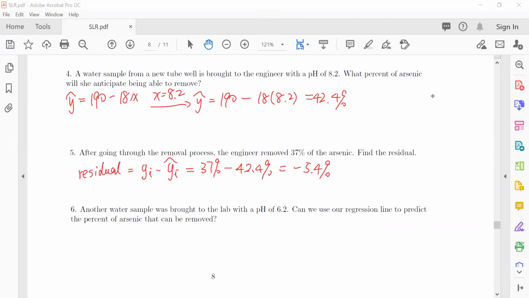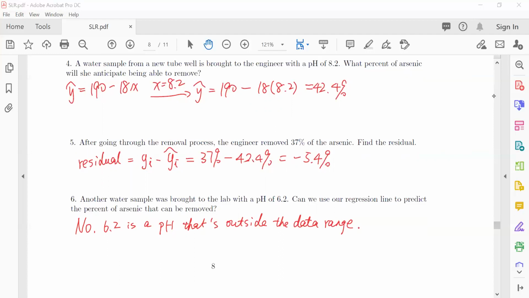And 6.2 is outside the range of the data. So no, we can't do that. The 6.2 is a pH value that's outside the data range. So we can't do it.